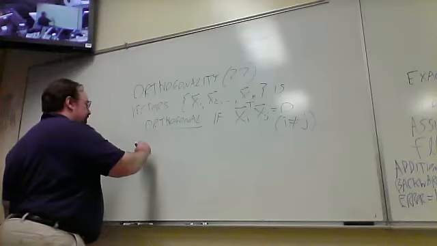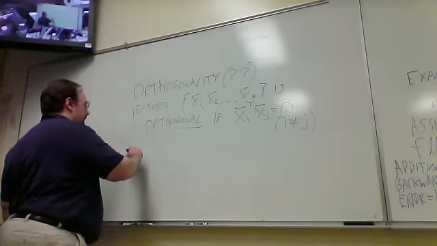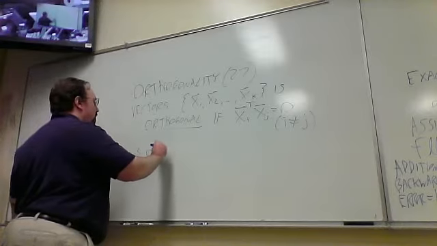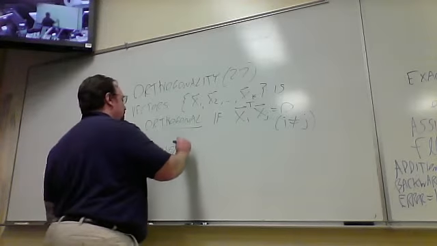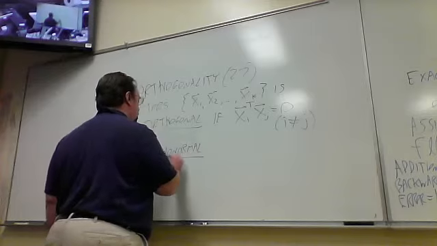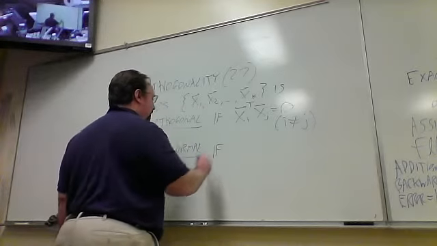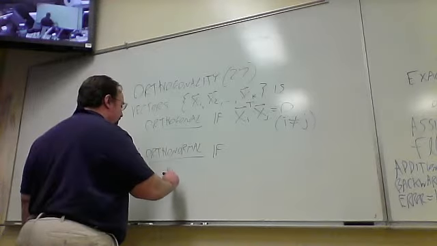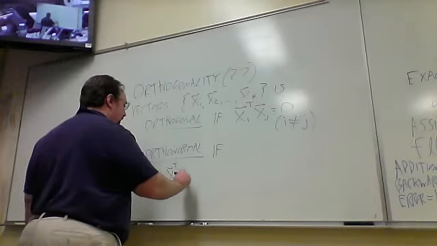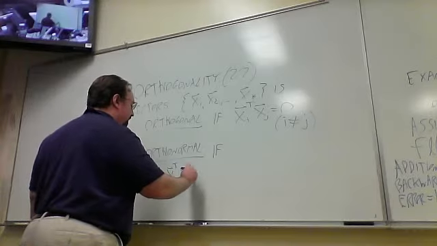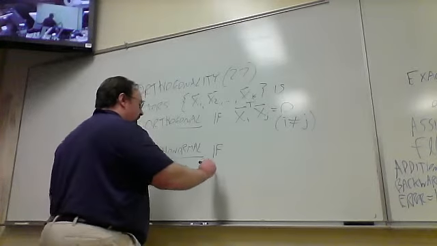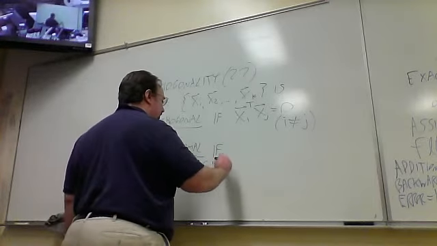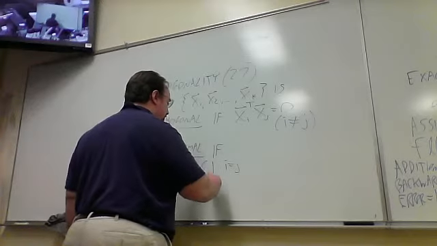Now, we also say that they are orthonormal if, in addition to the inner product being 0 when the indices i and j are different, it's also equal to 1 when i and j are the same.